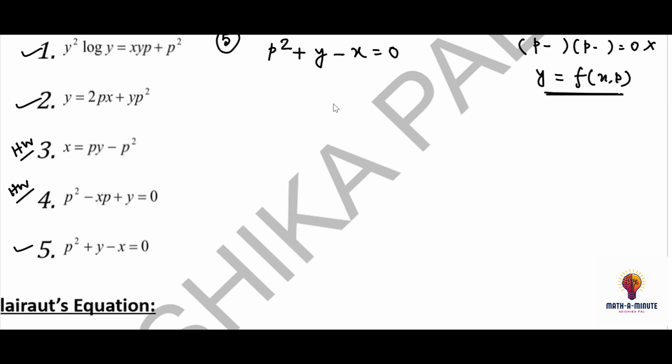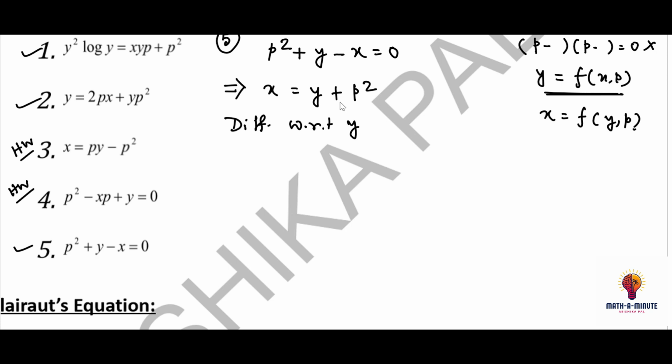But in this video, since we are discussing how to apply solvable for x, let me rewrite the given equation in the form of x equals y plus p square. Okay, so I think this format is basically solvable for x. Now, if we differentiate the equation with respect to y, then we get 1 by p equals 1 plus 2p dp by dy.